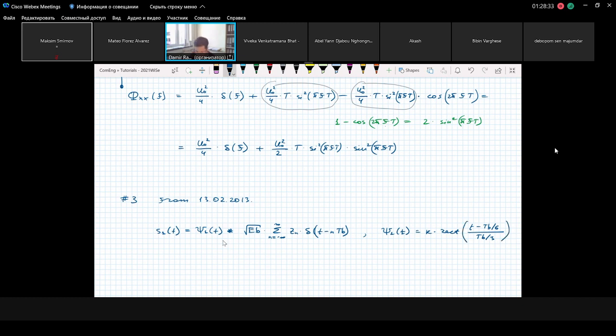We also know that T_b is the time interval of one symbol, and that the sequence of transmit symbols z of n belongs to the alphabet that includes values -1 and 1.